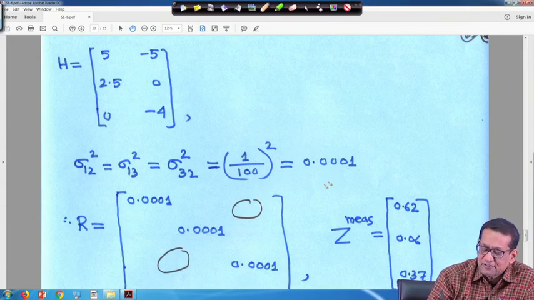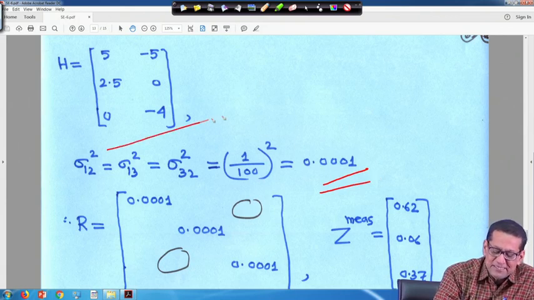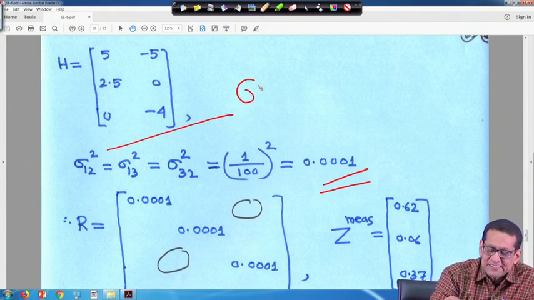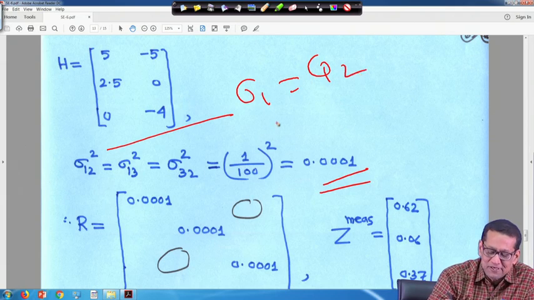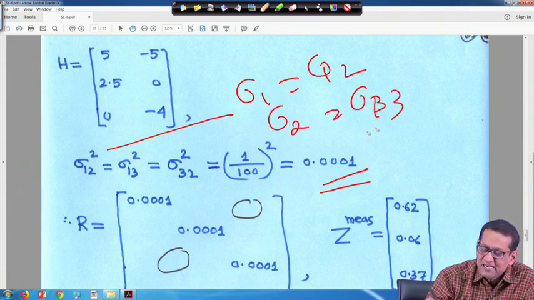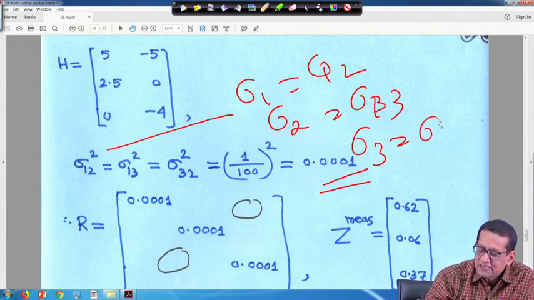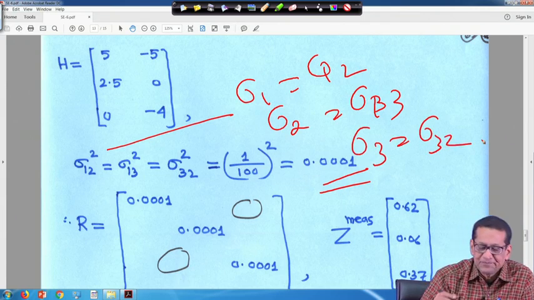Basically, from the mathematics derived, sigma 1 is equal to sigma 1 2, sigma 2 is equal to sigma 1 3, and sigma 3 is equal to sigma 3 2, right.